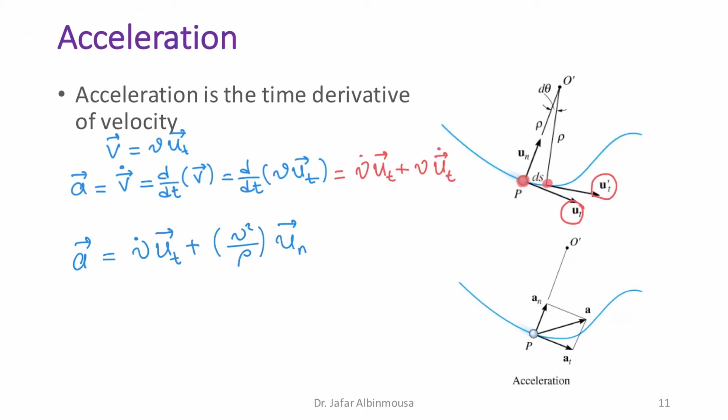And I am pretty sure that you are familiar with this equation. This is what we call the tangential component, and this is what we call the normal or the centripetal acceleration. So let's see how we are going to derive this unit vector.